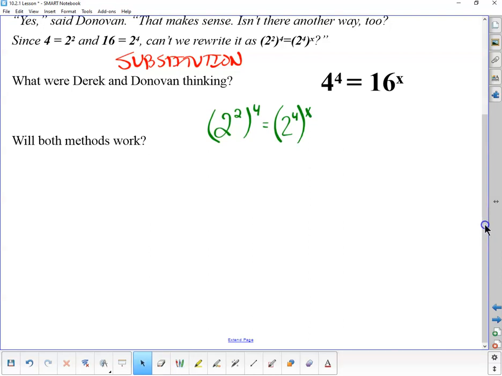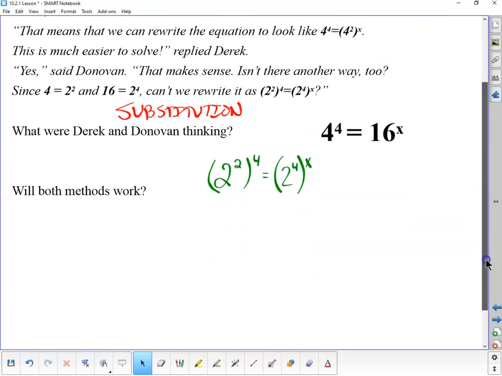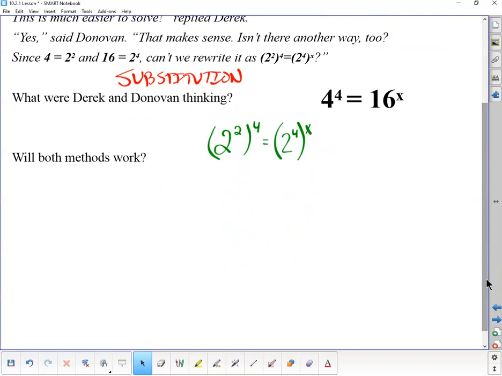And our other way is using 4 squared equaling 16. So using the base of 4, we're going to replace the 16 with 4 squared. So this other way here is 4 to the power of 4 is equal to 4 squared to the power of x. And we just replace the 16 with 4 squared.